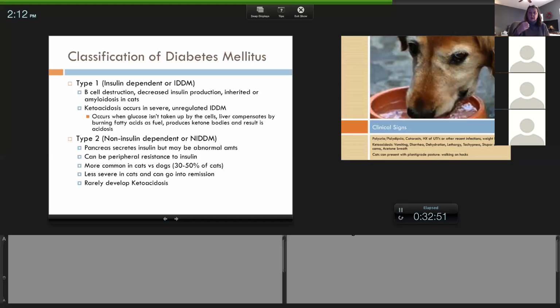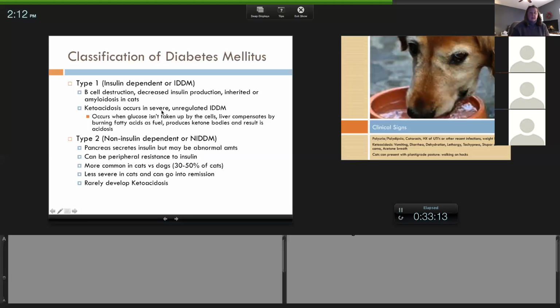Or you have a recently diagnosed diabetic and you're having a hard time getting them regulated. Sometimes you have a very stubborn diabetes case that we can't get regulated. Regulated means we're going to give them insulin and find a dose that's going to maintain that patient.